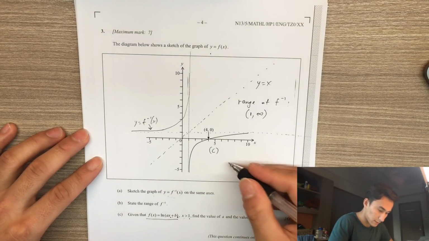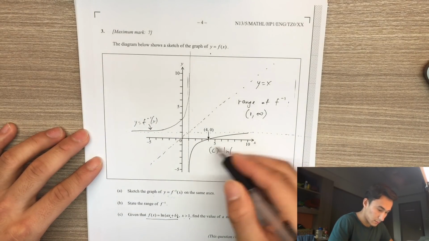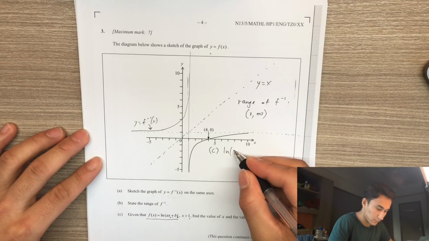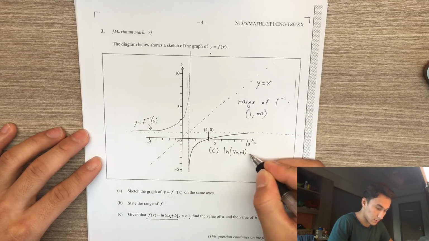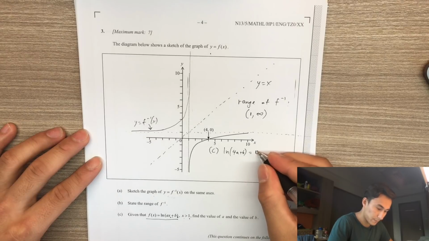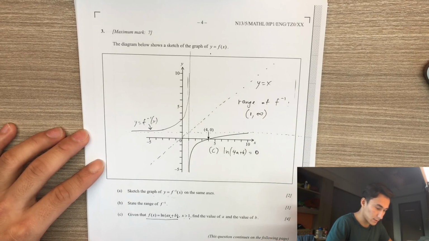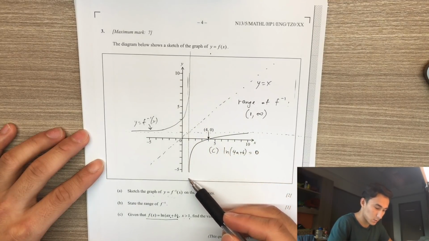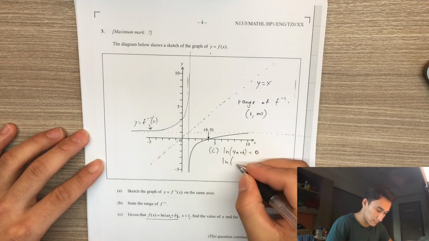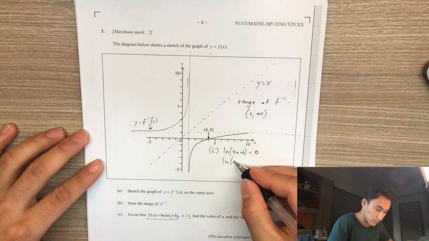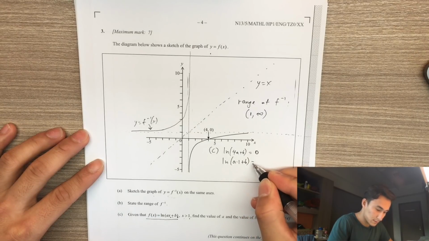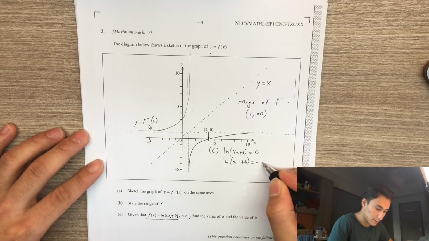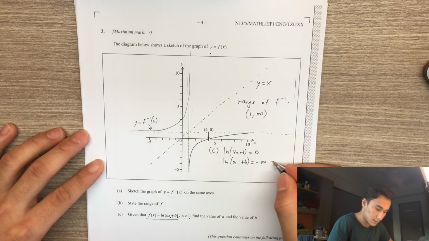So what we have is ln of (4a plus b) is equal to 0. The other thing we notice is that there is an asymptote at x equal to 1. So ln of (a times 1 plus b) goes to negative infinity, which means that a plus b equals 0.